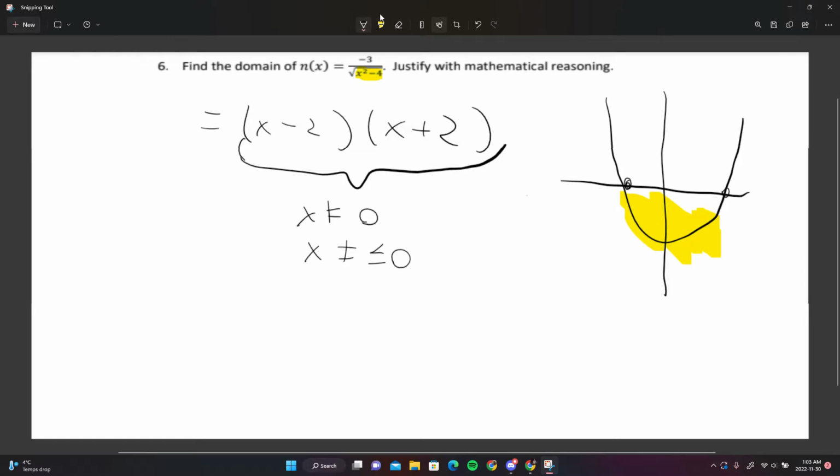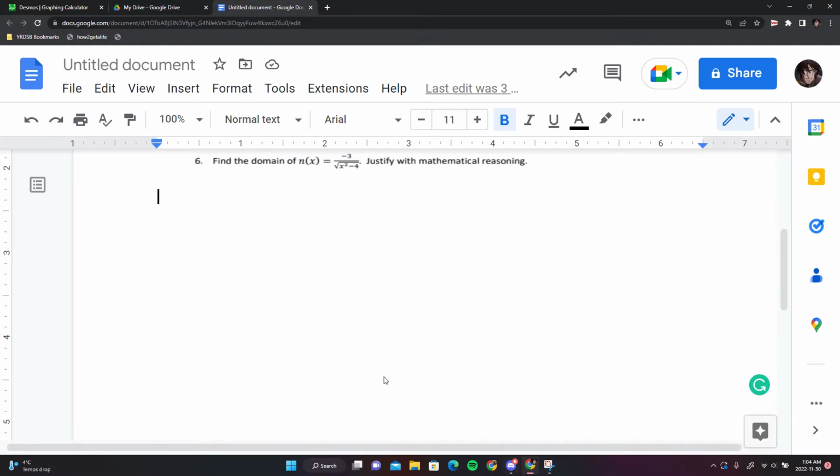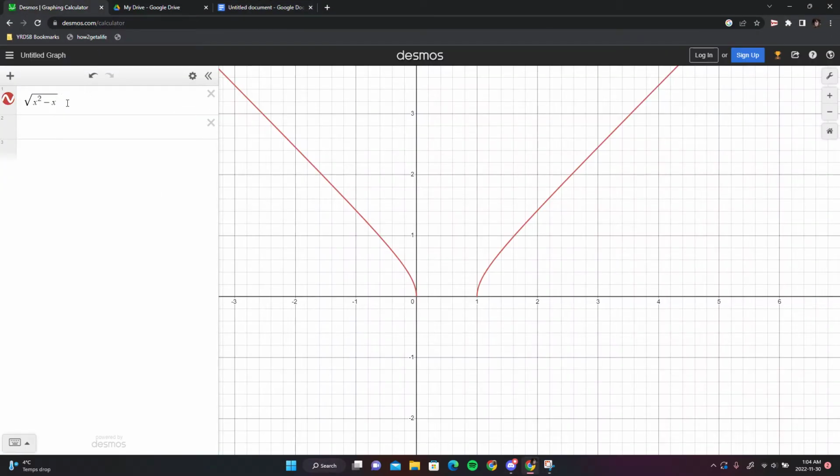So that means the domain exists, the function exists on every point from -infinity to -2 and from 2 to infinity. I'm just going to quickly plot this out on Desmos just to show you guys.